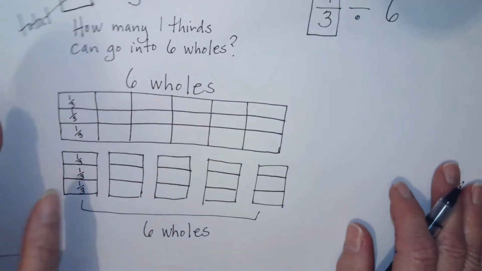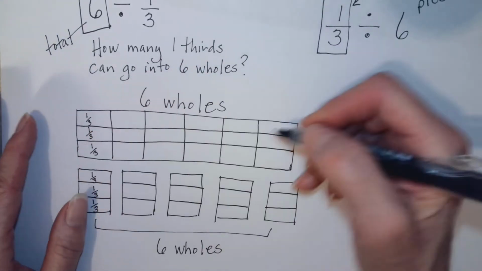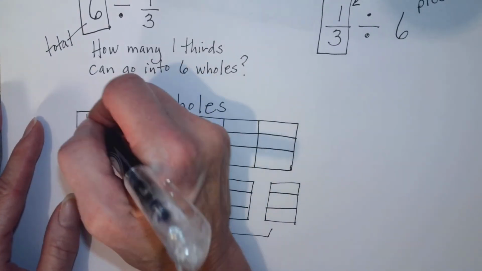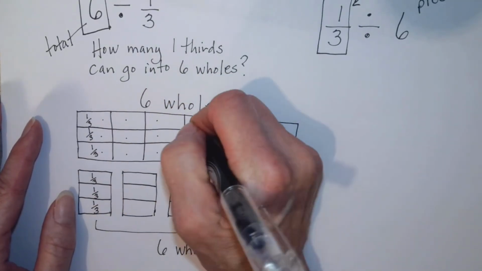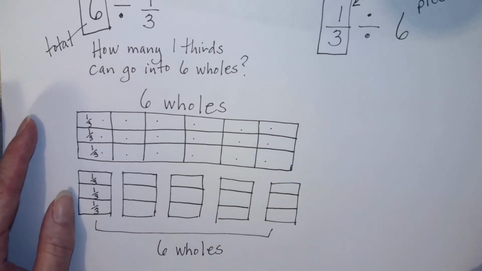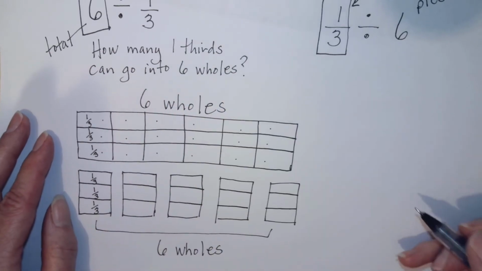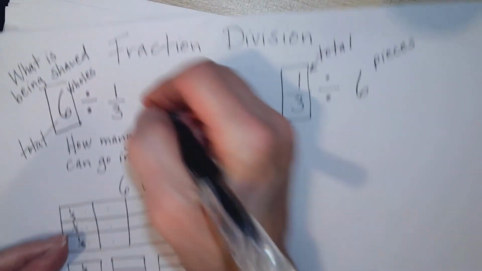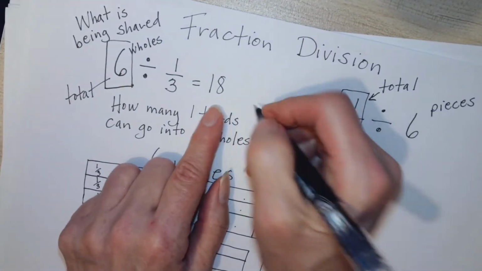So if they want to know how many 1/3 can go into 6 wholes, if I broke 6 up into 1/3, I'd have 1, 2, 3, 4, 5, 6, 7, 8, 9, 10, 11, 12, 13, 14, 15, 16, 17, 18. 18 pieces. So your answer is going to be 18. But remember, these are pieces.